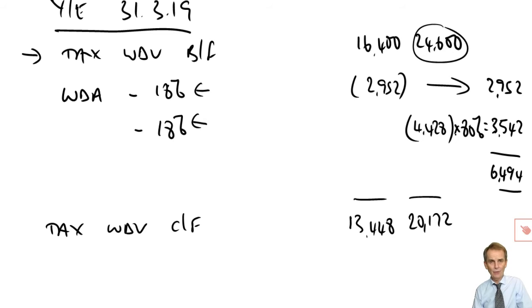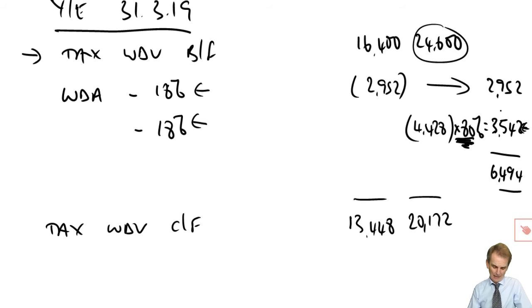However, that is not the figure that we get to claim. It is then that you restrict that full 18% figure of 4428 to the 80% business use claim. And that, all being well, gives you there your £3,542.